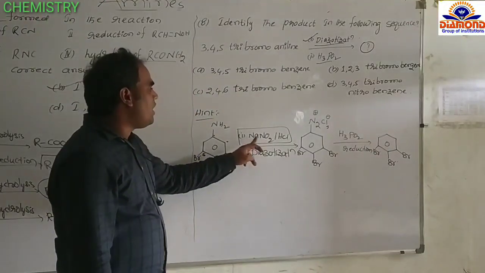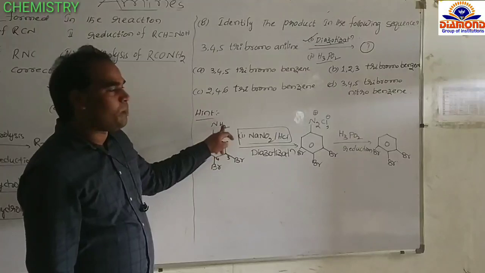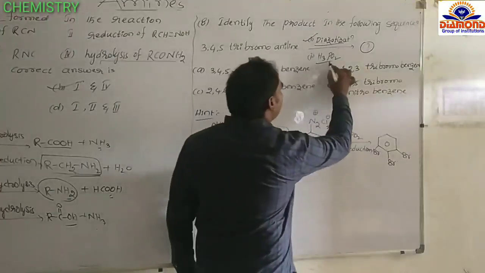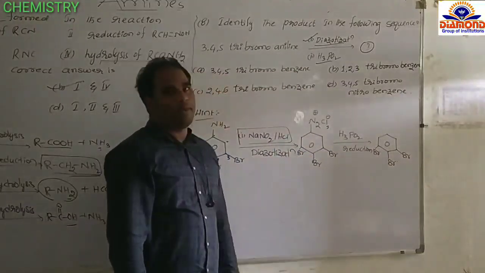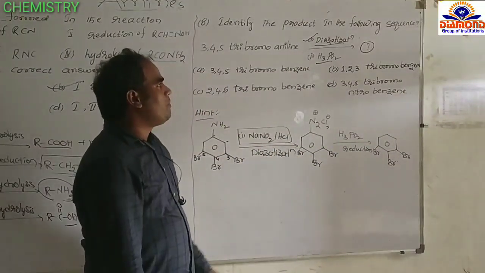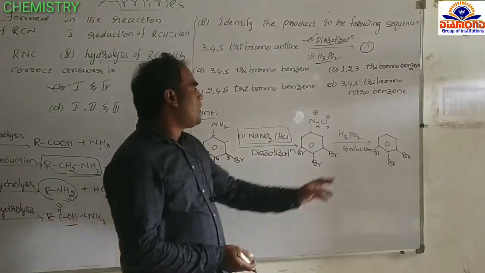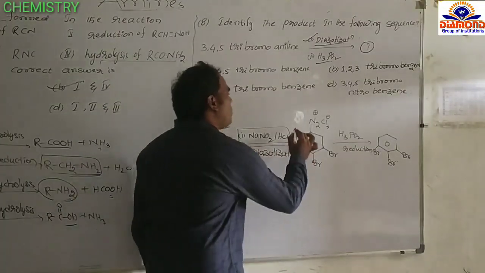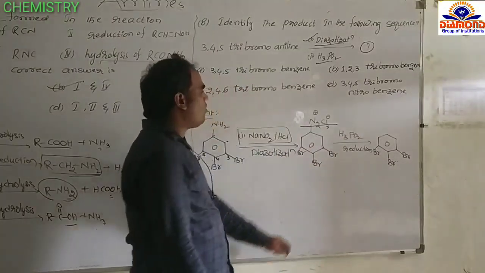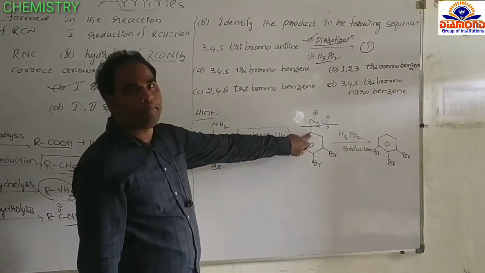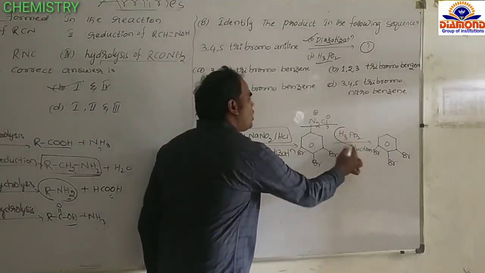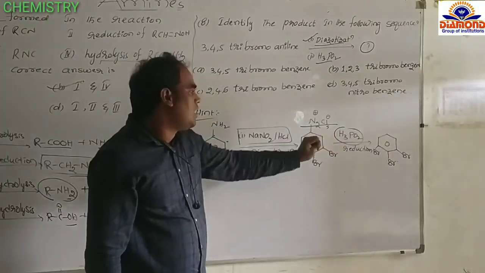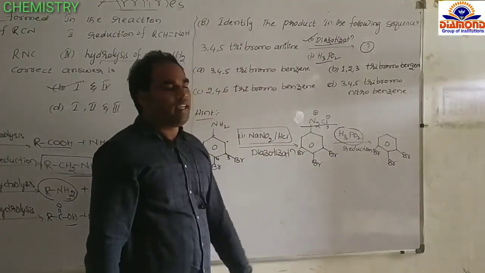Next, this diazonium salt is reacted with hypophosphorus acid, H3PO2, which acts as a reducing agent. Therefore the diazonium group is removed and hydrogen is added to the benzene ring, so it is converted into benzene.